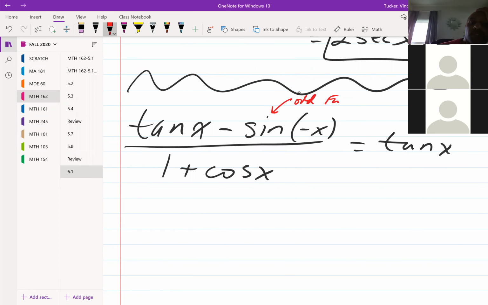odd function, odd identity. So that sine of negative x is the same thing as negative sine x.